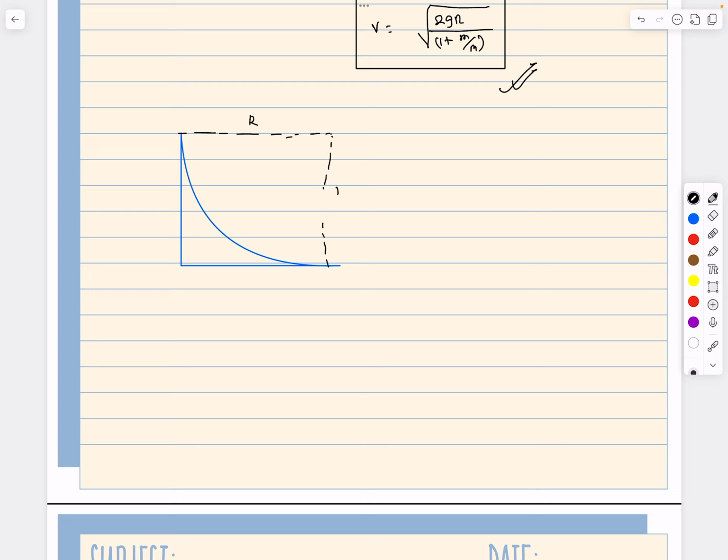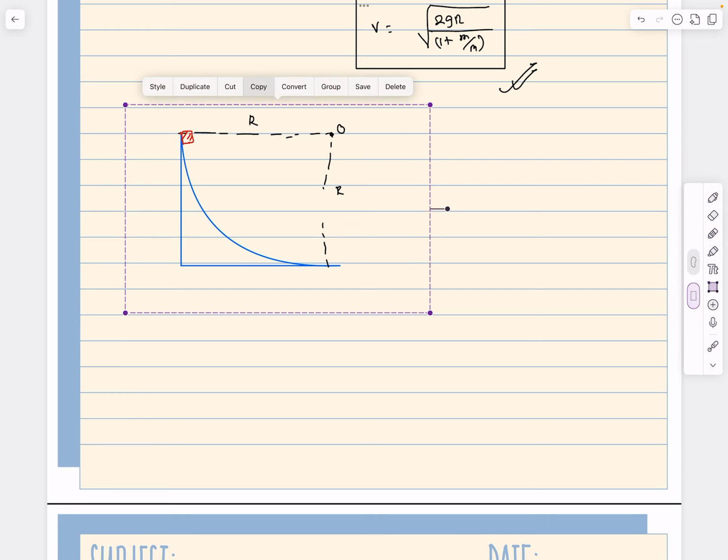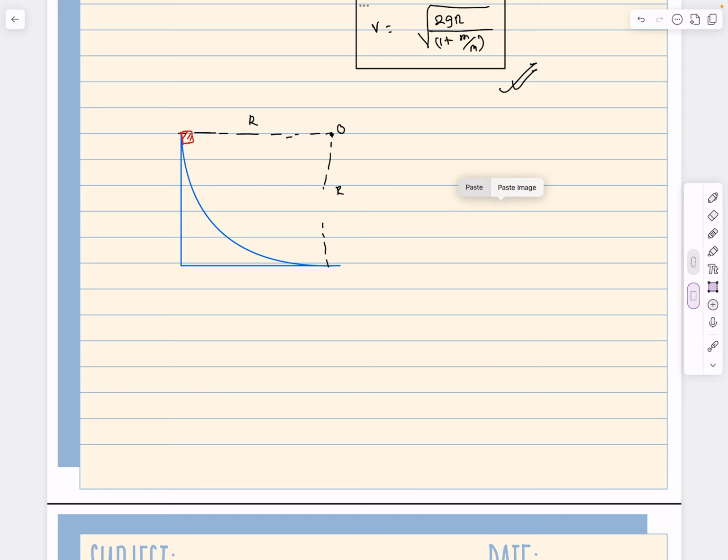This is R, this is also R, the center I'm assuming. The block was here initially. Finally, the final condition is like this. Finally, the block will reach this point.